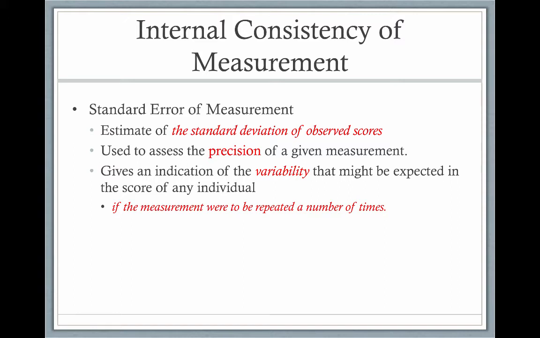So for the standard error of measurement, let's say my threshold at 1000 hertz is 10, and then one day it's 15, another day it's 5. So that is the variability that might be expected in the score of any individual.